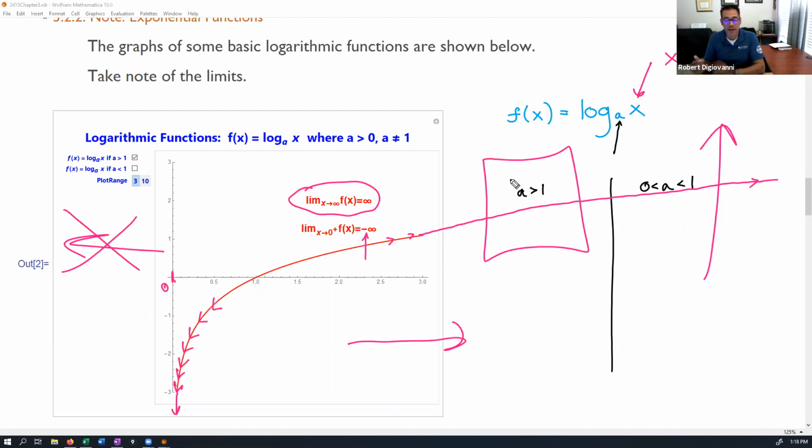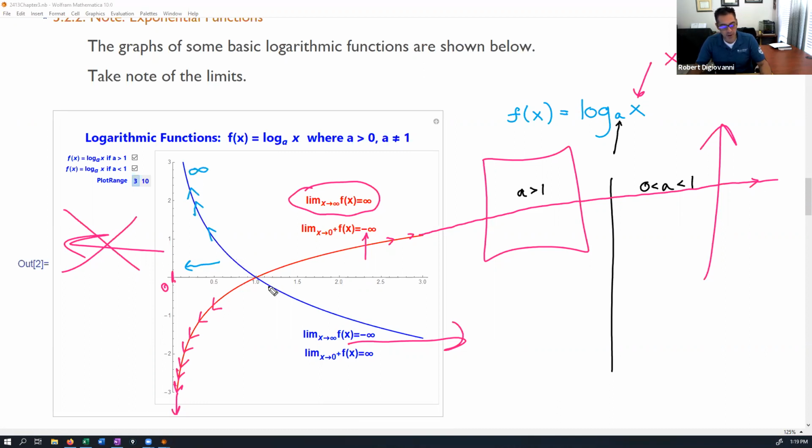Now, what happens if I change this and I talk about when a is less than 1 instead of greater than 1? What's it going to look like? So here it is. It's a reflection over the x-axis. And so when you look at this, you can see that as we go to the left and approach 0, it takes off to infinity.